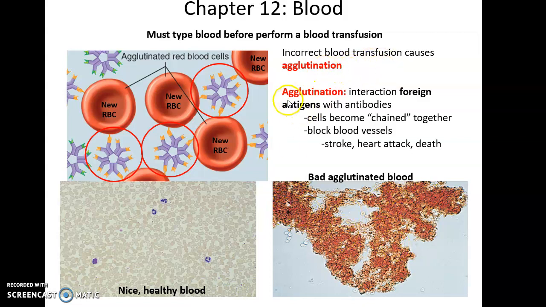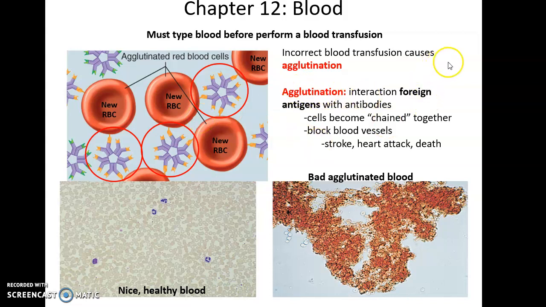So if you get the incorrect blood type, then the antibodies that you have in your blood that do not like the antigens on the new blood cells will bind to those blood cells, and they will interconnect, giving you a large, huge clot of red blood cells.